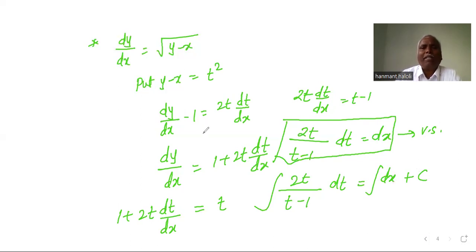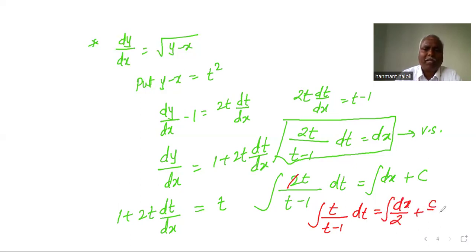Now how to integrate such special questions? Now this 2 you can take to the right side, dividing by 2, the integral becomes t upon t minus 1 dt is equal to integral dx upon 2 plus c by 2, same as c.